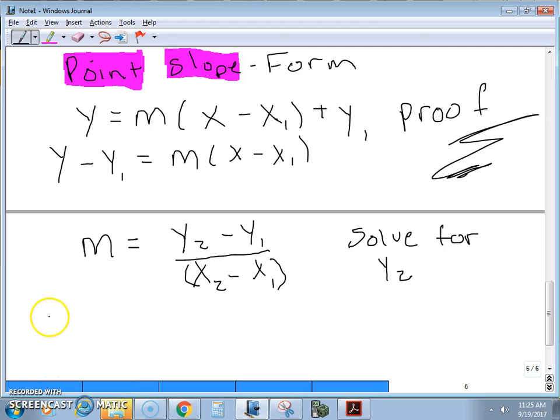So if I do that step, I get m times x2 minus x1 equals, and then if I multiply it on this side, it just cancels out, and I get y2 minus y1.